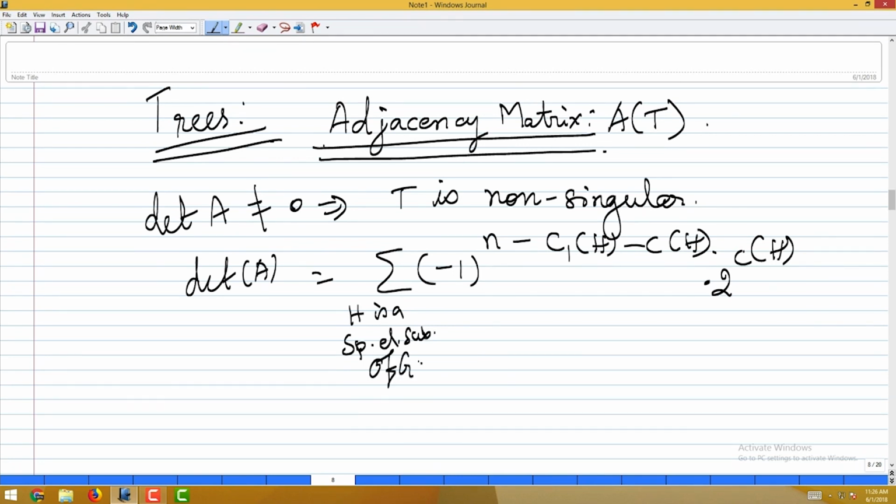So, from here can you say something about the tree? Obviously, C(h) is 0 because there is no cycle in the tree, so that is ruled out, 2^0 is 1, and we now have to worry about n - C1(h).